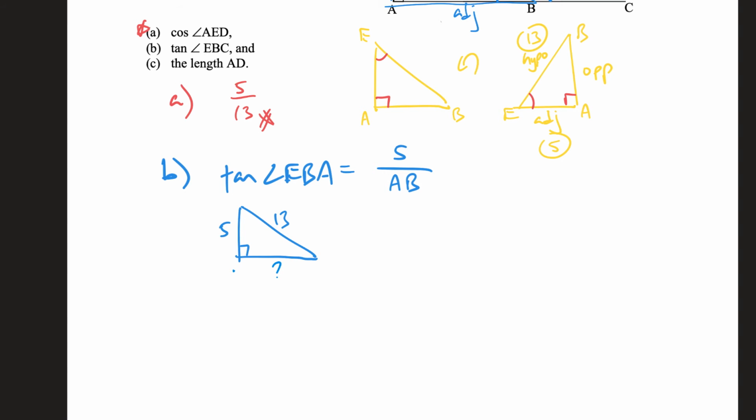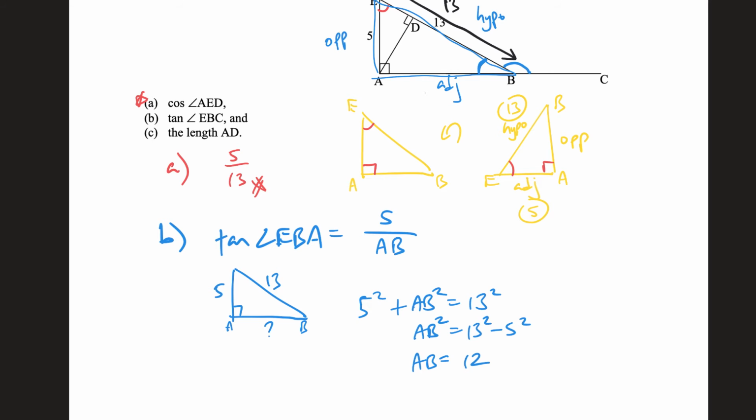So 5 squared plus AB squared equals 13 squared, and you will see that this solves to be 12. So AB is actually 12.